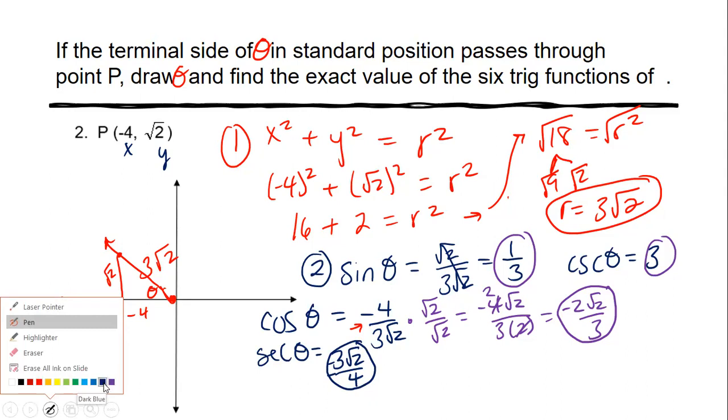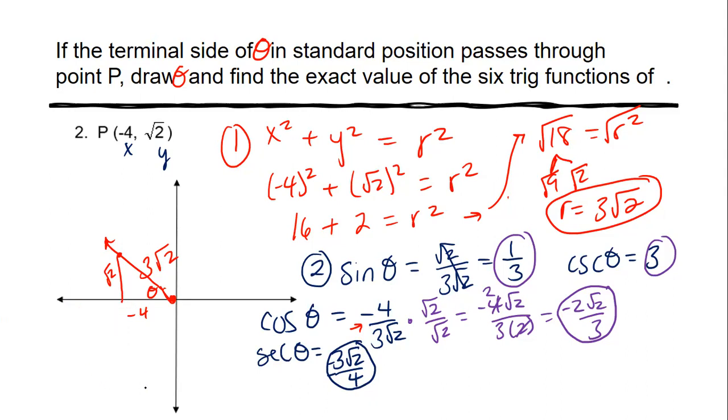So we have tangent left. Tangent is what? Y over x, opposite over adjacent. So tangent theta equals y over x. So square root of 2 over -4. Do I need to do anything? No, because my radical's already at the top.